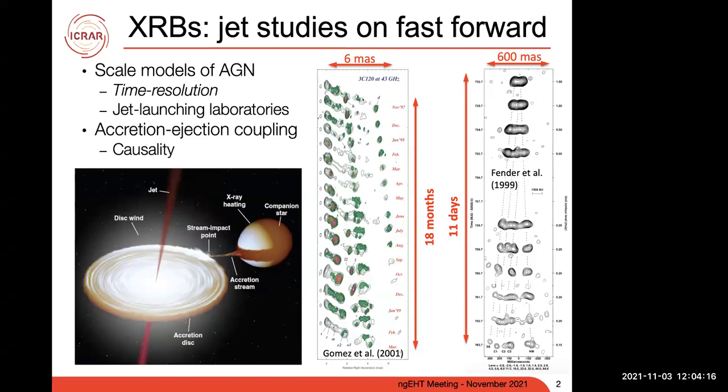And the X-ray binary evolves much more rapidly. This time period covers 11 days, and the ejecta are traveling 600 milliarcseconds in that time, whereas the AGN jets cover 6 milliarcseconds over 18 months. And this will cause some issues for very high resolution imaging of these fast-moving components.